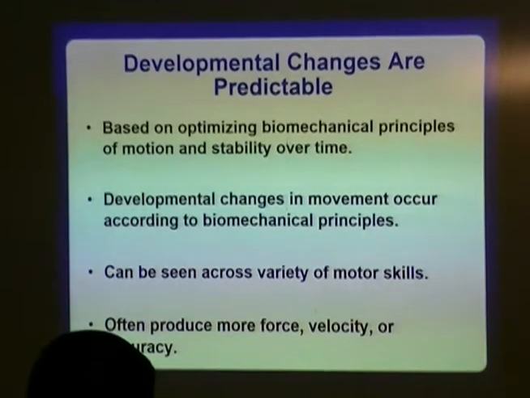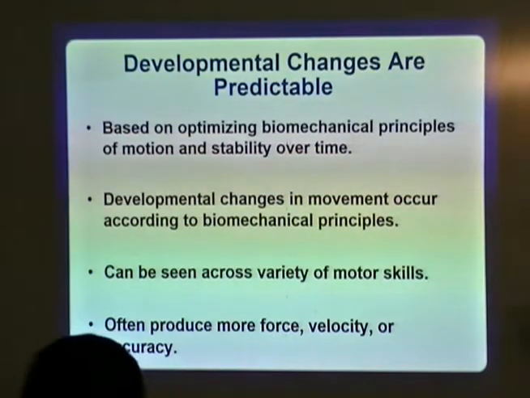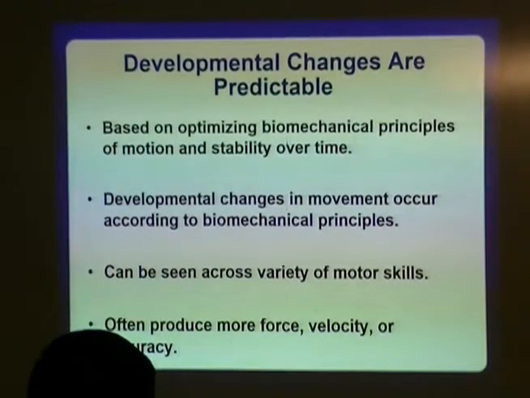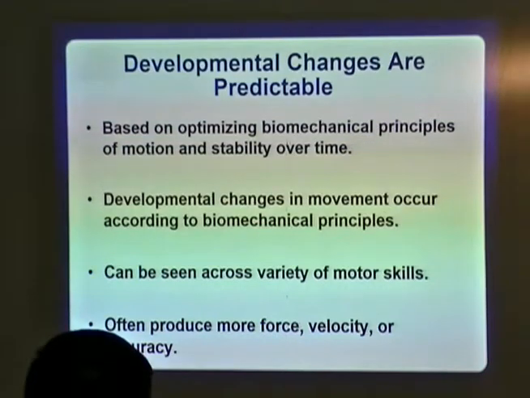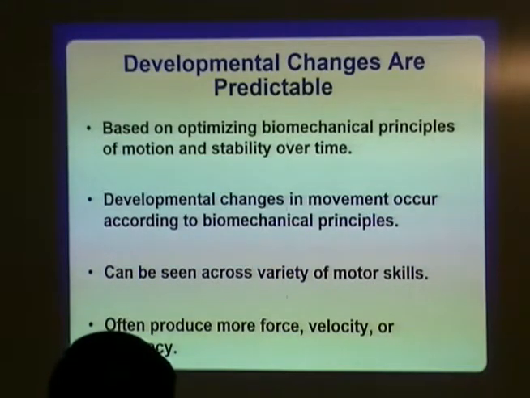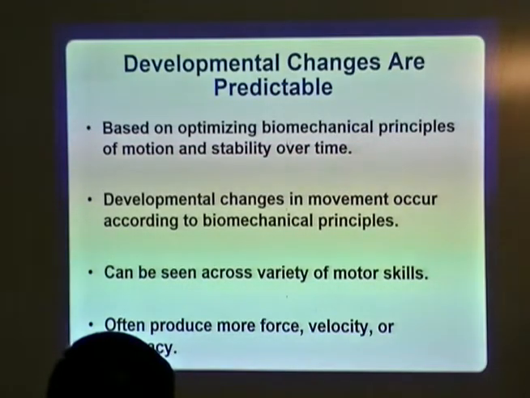Given the changing constraints, how am I going to optimize that movement? Most of the time when we talk about biomechanical principles, we use a typical human and think about the typical developmental pattern. Try to keep in the back of your mind that if you're going to work with someone who's injured and rehabbing an injury, then the challenges to that movement pattern change.